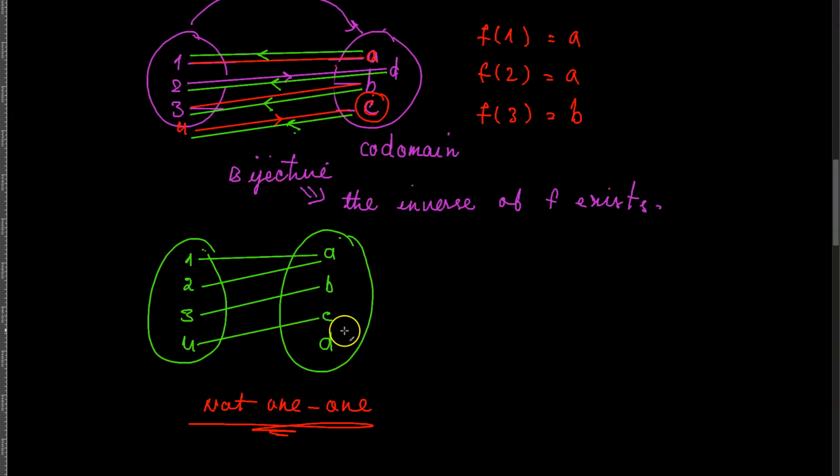Technically we say that the function is not onto, meaning that this element is left alone here. It's not mapped from any element in the domain of the function. So now suppose that I start here, I wouldn't know where to go, so I have to stop. And therefore the inverse of the function cannot be defined. There is no way actually to do that.